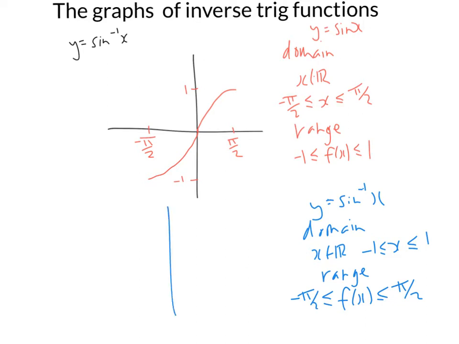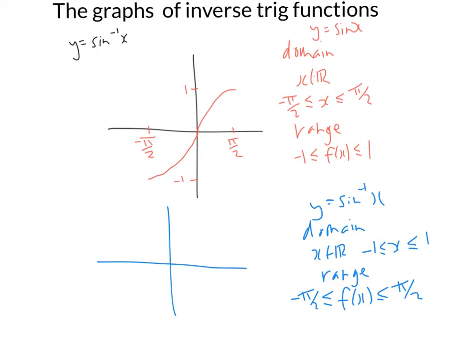So if we're to draw this, the inverse function is a reflection in the line y equals x. So the point we have here, pi over 2, 1, would be reflected in the line. Now it's hard to draw a good line y equals x because the scales are different.